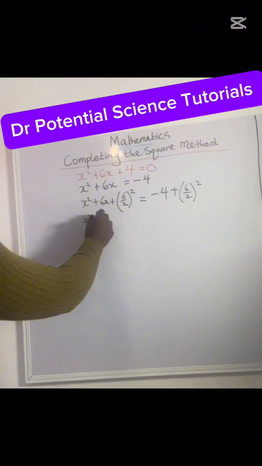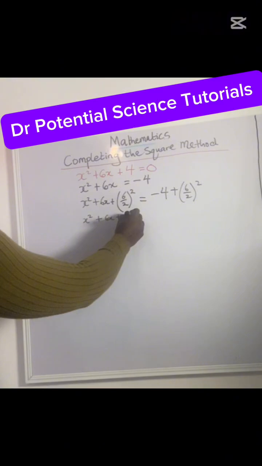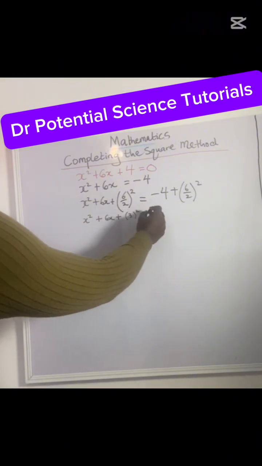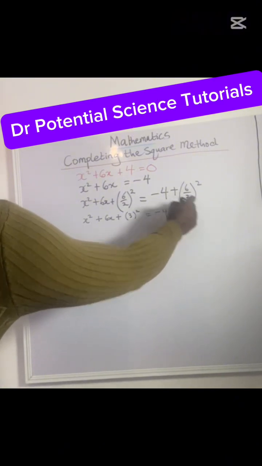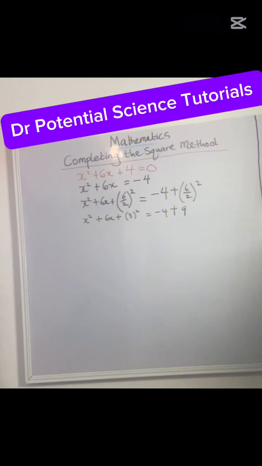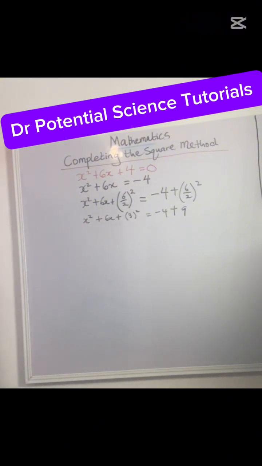x squared plus 6x plus 3 squared equals minus 4 plus 3 squared, which is 9. I purposefully did not write this as 9 because we are going to factorize this. How do we factorize this?